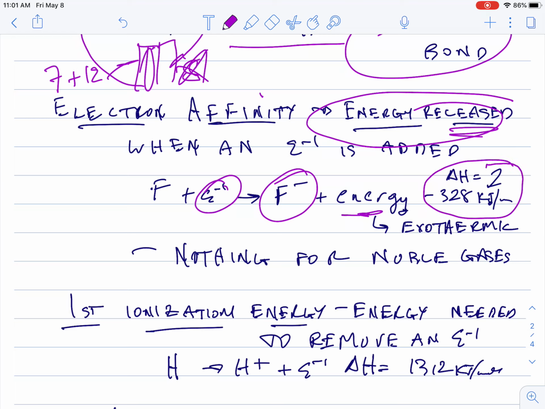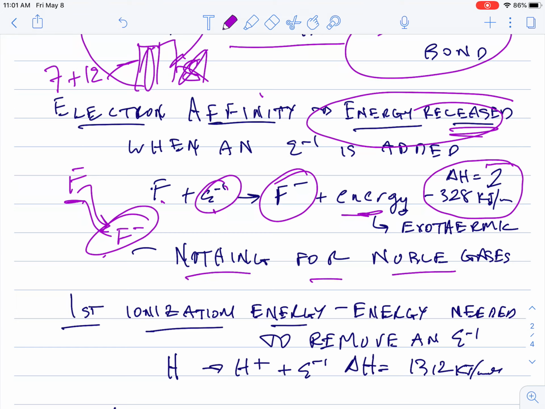Notice that your delta H here is a negative value, because energy is released. You're forming a bond between the fluorine and the electron. So on an energy diagram, here's fluorine, here's F minus. That's going to release energy because it moves to a lower energy state. Okay, so that's going to be important.